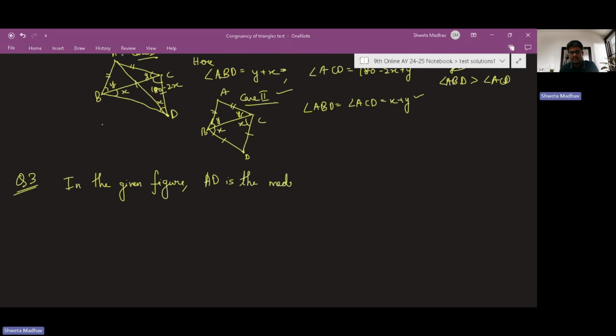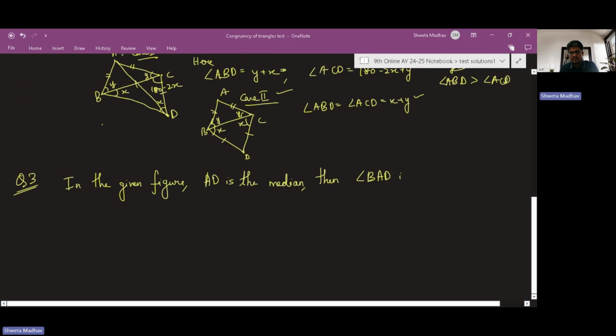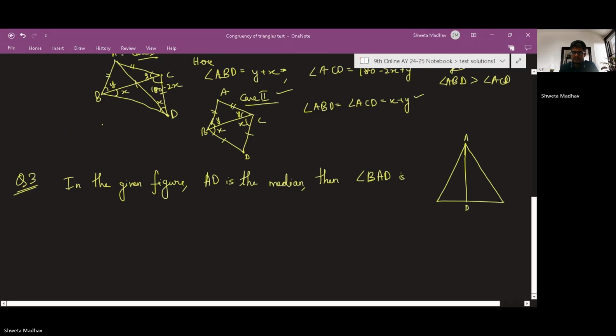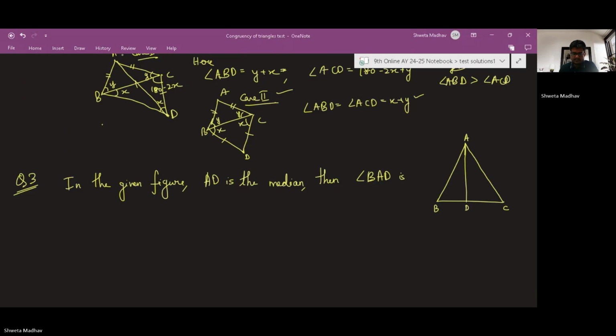Then angle BAD is... this is 35 degrees.